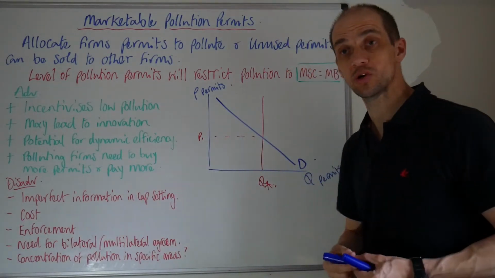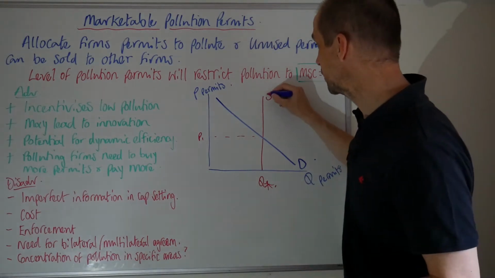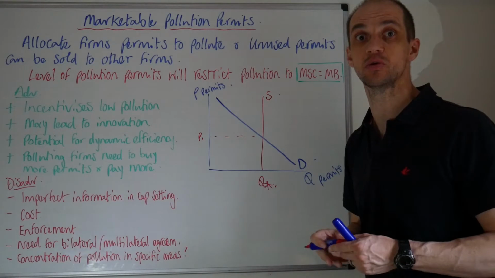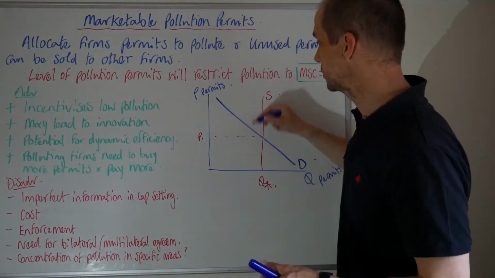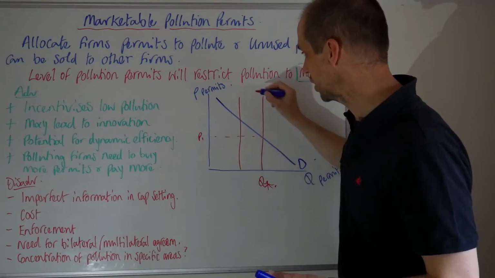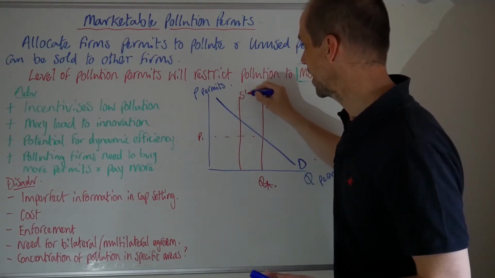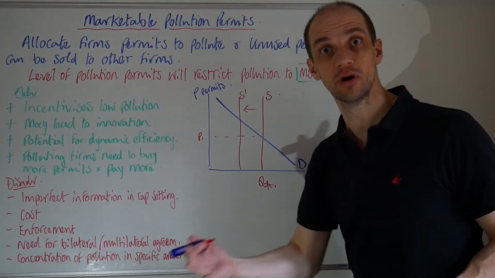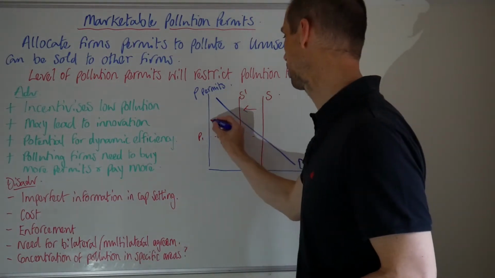Now what's also interesting about this is how this supply of permits may be restricted in future years. So as we move to cleaner, greener energy, of course authorities may want to reduce the supply and further incentivize firms to make sure that they are not polluting.